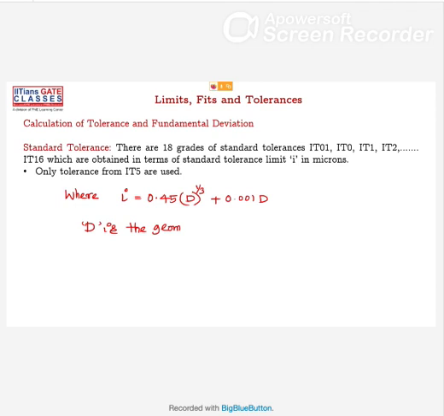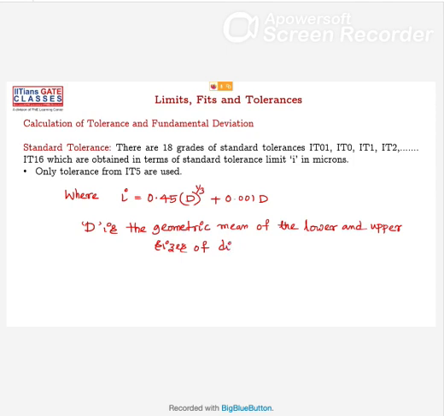So this is the geometric mean of the lower and upper sizes of the dimension step.